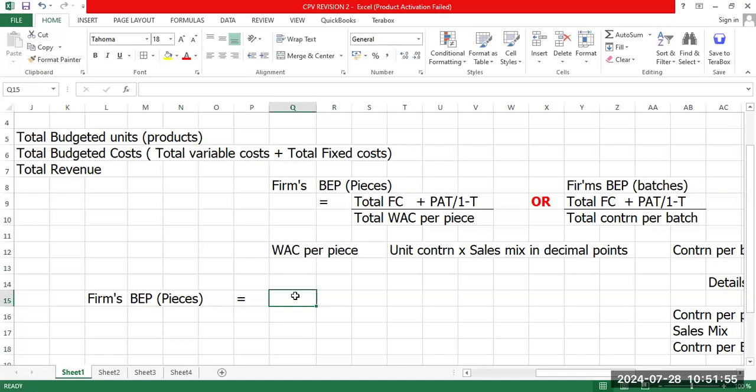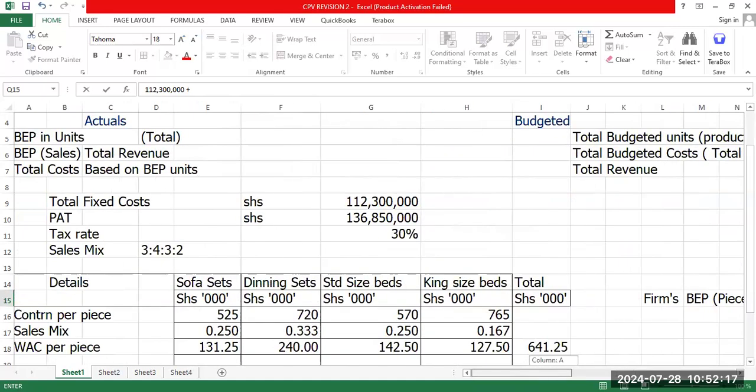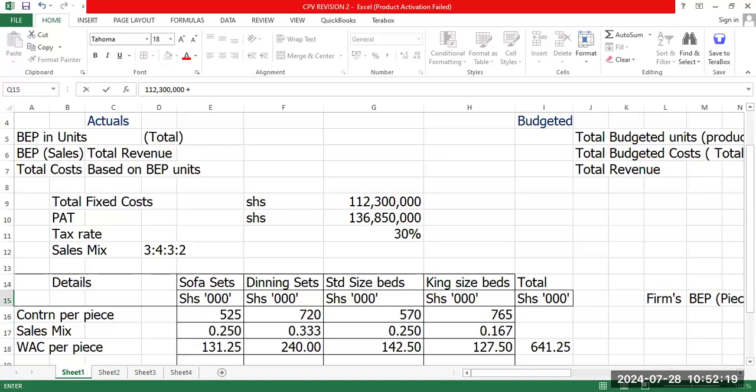So how much is total fixed costs? It is 112 million 300,000. Then you add, what is your part? Profit after tax. Profit after tax is this figure.